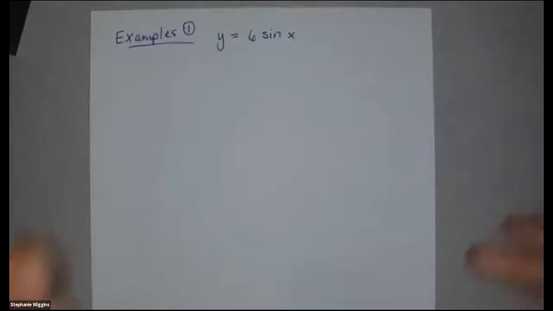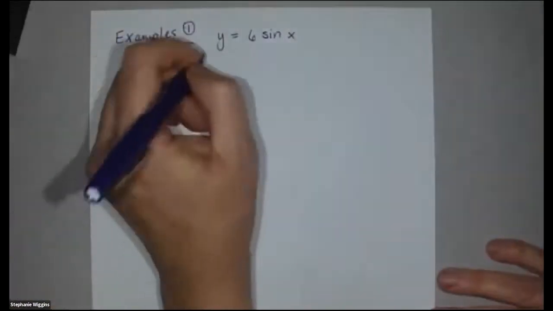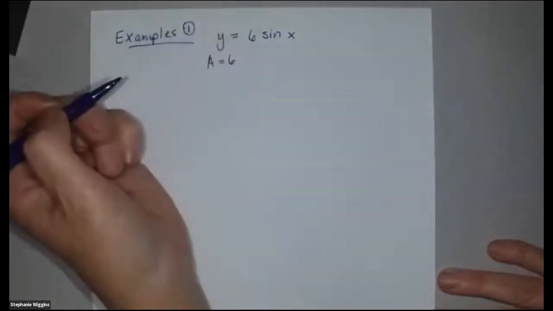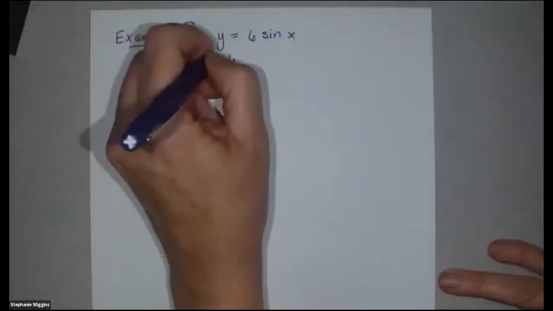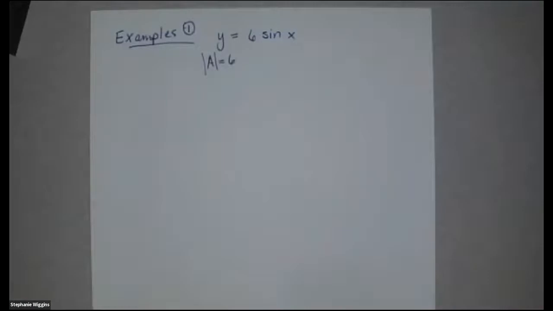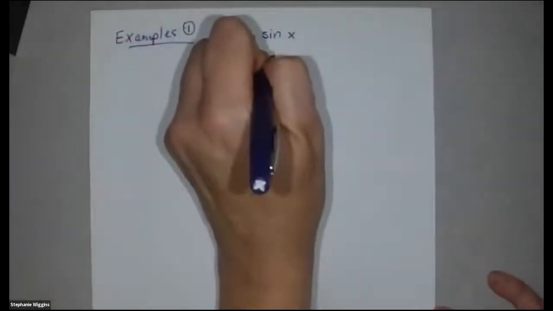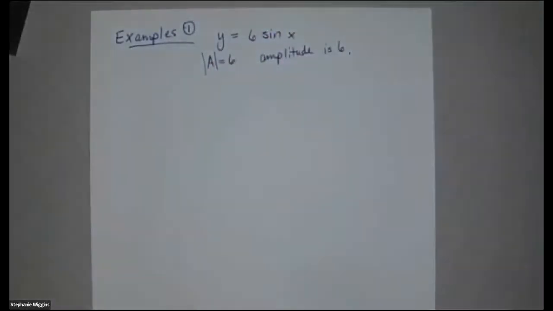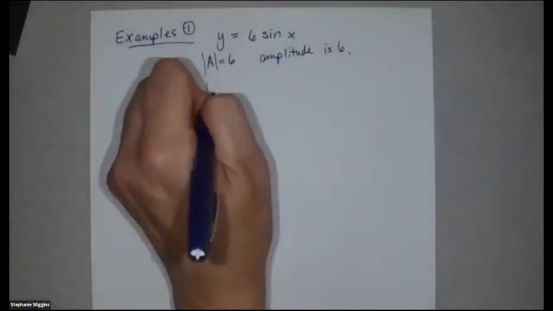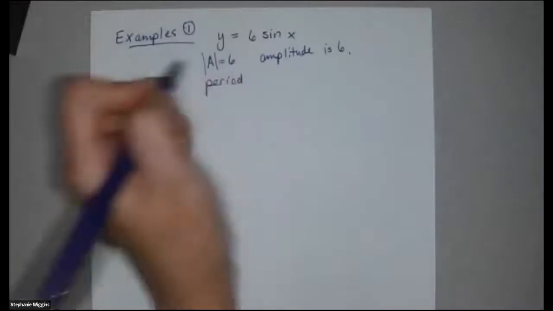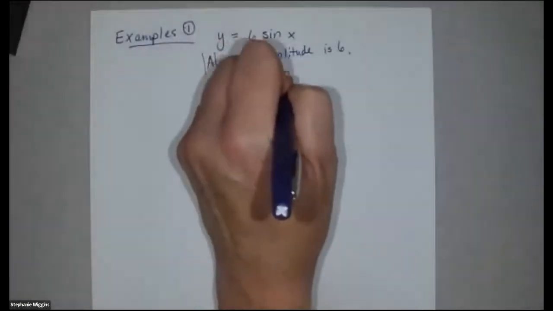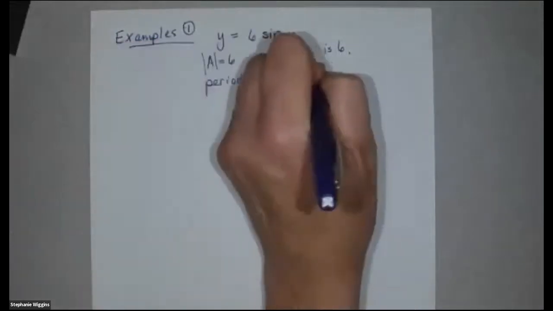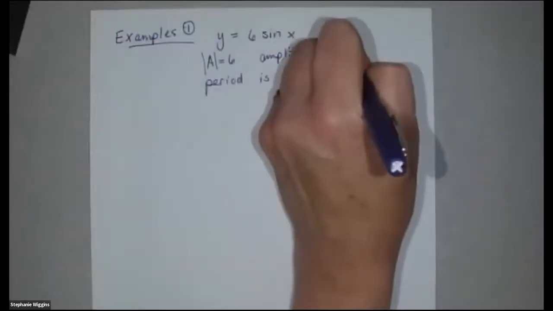The amplitude is 6, so A equals 6, and so therefore the absolute value of A equals 6, and so that means that the amplitude is 6. All right. Now, the period for this one is 2 pi, okay, since our B is equal to 1.